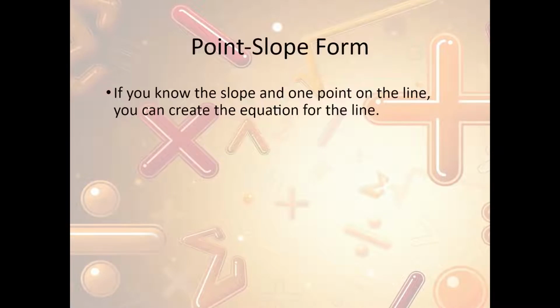Now what is point-slope form? We use point-slope form if we know the slope and 1 point on the line. We can still create the equation for the line even though we don't have the y-intercept. Here's how we do it. We know that slope-intercept form is y equals mx plus b, and we plug in the slope for m.